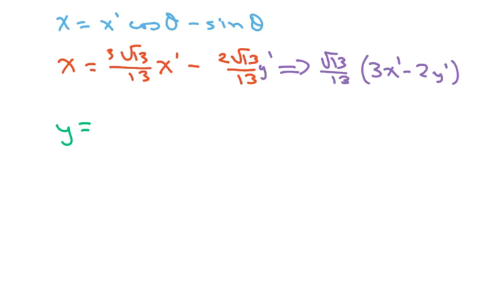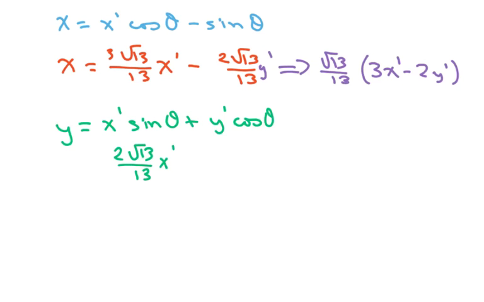And very similar for the y. For our y term, that's going to be x prime sine of theta plus y prime cosine of theta. Kind of gets confusing. So sine is 2 square root of 13 over 13 x prime plus 3 square root of 13 over 13 y prime.